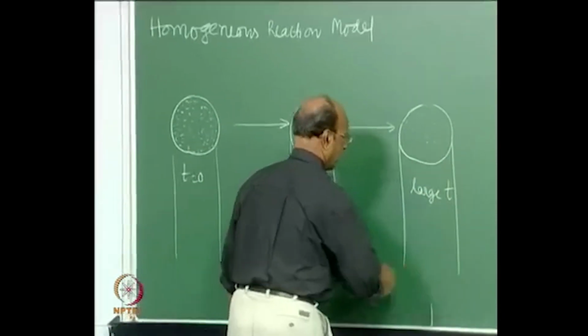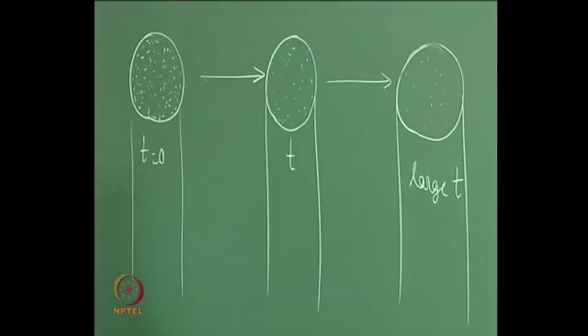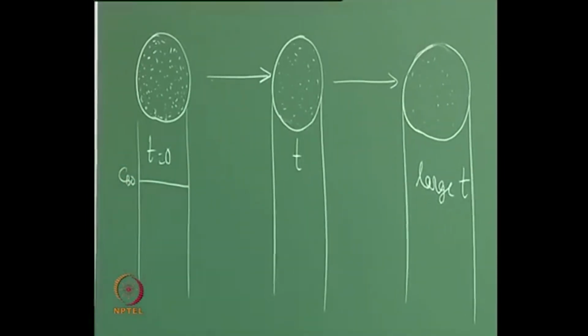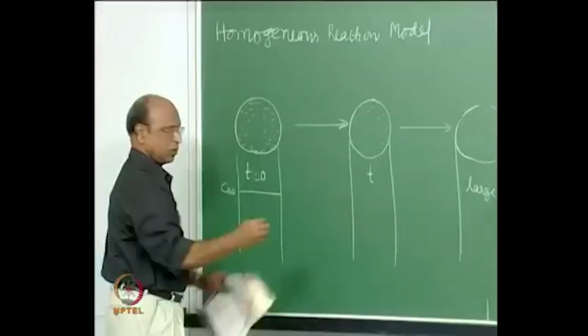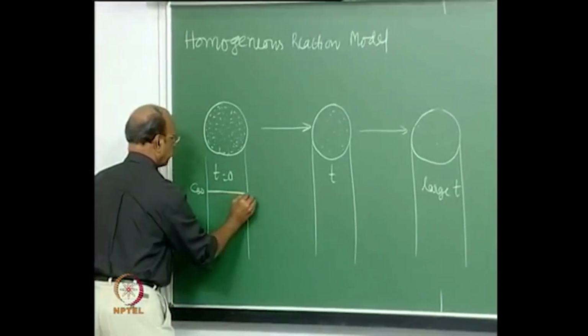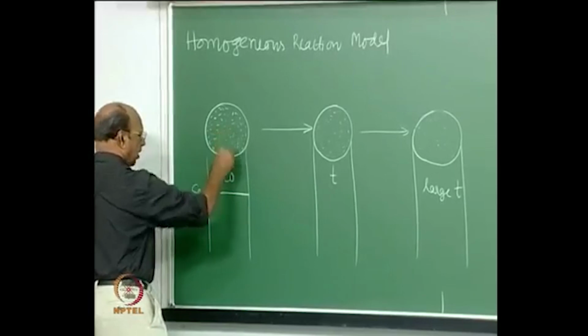So, if I want to plot the profiles here, profiles of what? Profiles of solid. Okay. How the concentration of B is changing. So, here at time t equal to 0, you may have CB0. This is throughout the same, so that is why a horizontal profile throughout. This is the complete particle we are drawing now.